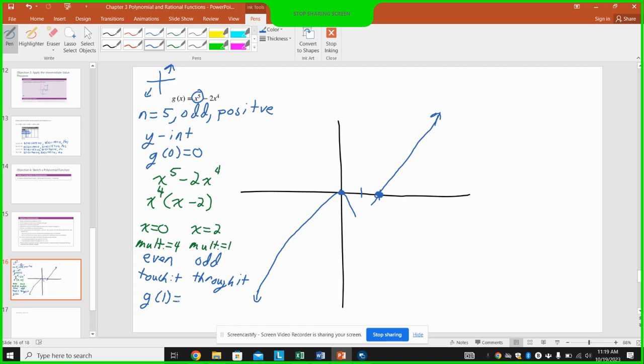Which is -1. Good. So if I plug a 1 into my function, I get a -1. That tells me that when I get to -1 on the graph, I'm going to have a point at 1 comma -1.